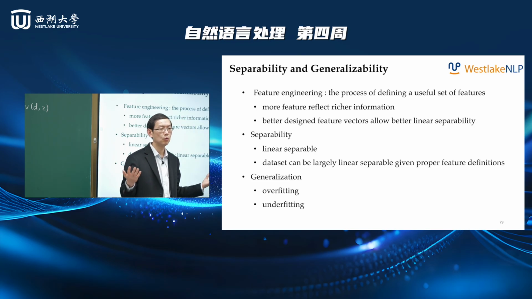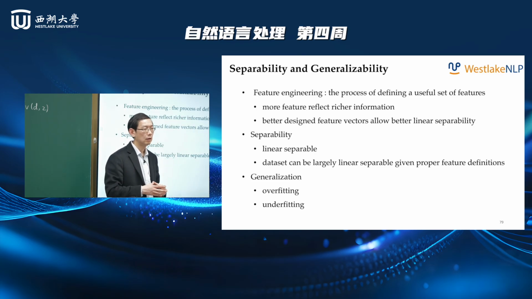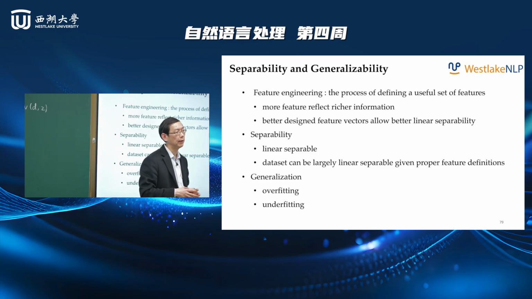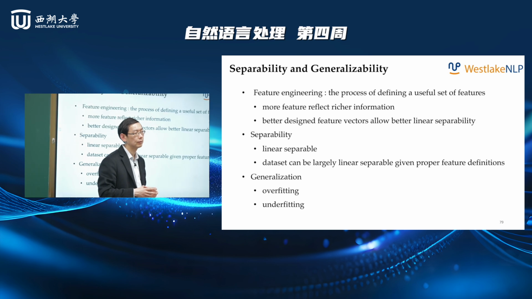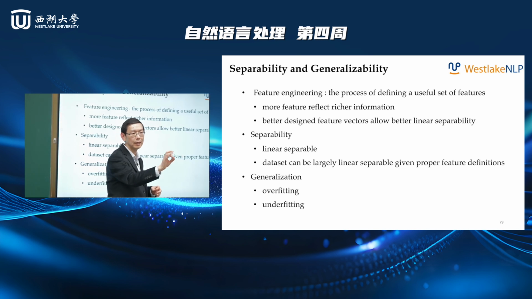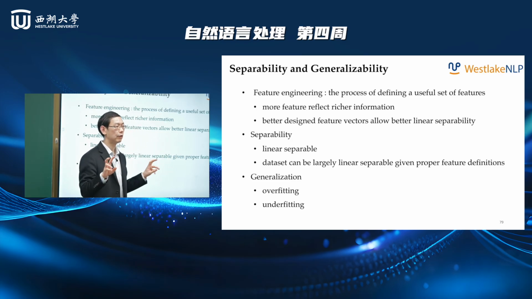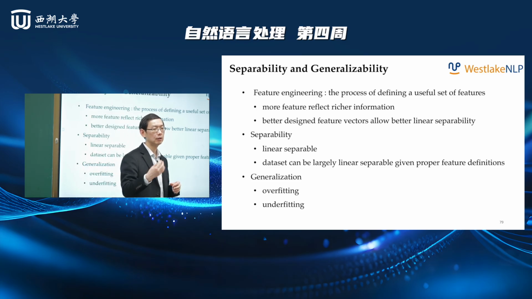If your feature is more expressive, you can easily fit your training data, but you might not generalize well. Given unknown data, your model might not perform as well. This is called overfitting. You fit your training data too well, you cannot generalize.